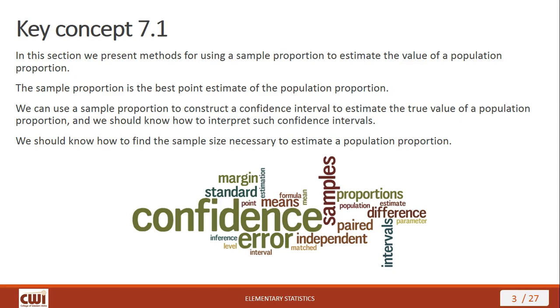We can then use the sample proportion to construct a confidence interval that estimates the true value of the population proportion. And so, knowing how to construct those confidence intervals and knowing how to interpret them is really important. We're also going to find out how to calculate the sample size that we need in order to make that estimate of our population proportion.